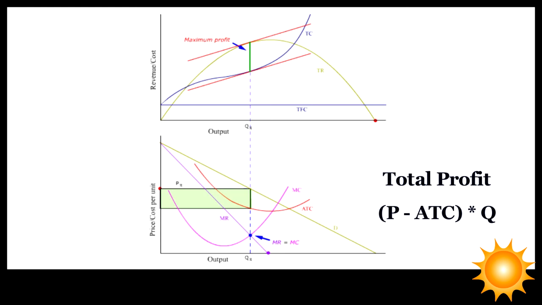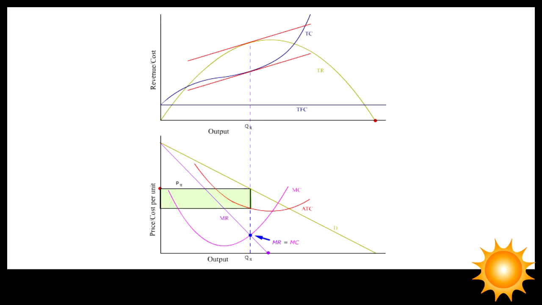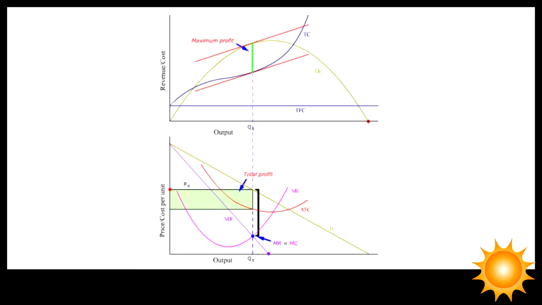Maximum profit is represented by an area in the bottom panel because the vertical axis is based on per unit value. At the maximum profit output Q pi, P pi is greater than MC.